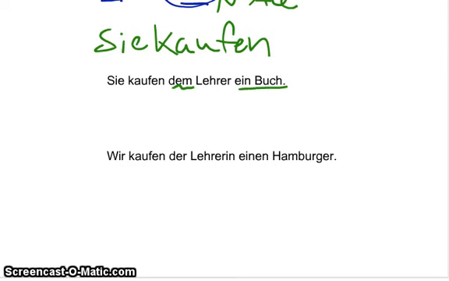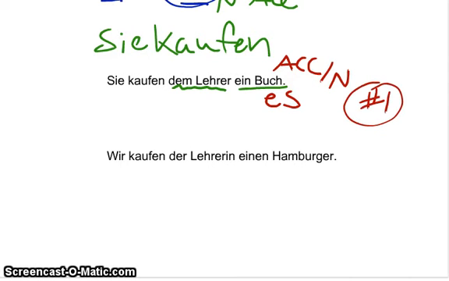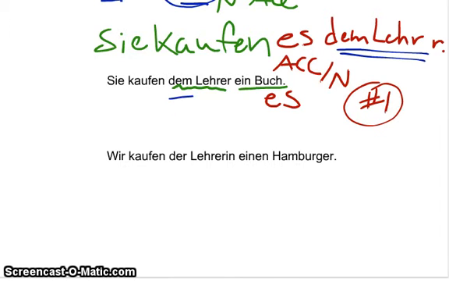So dem Lehrer is going to stay the same, and we need to remember that ein Buch is accusative and it is neuter. So we would say es. One pronoun first. So Sie kaufen es dem Lehrer. Notice the grammar here doesn't change. It's still the dative case, but the words have switched orders.